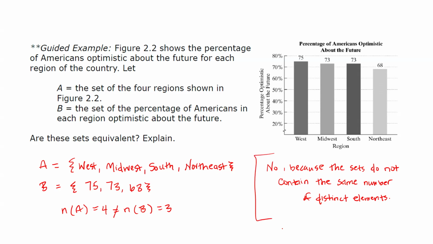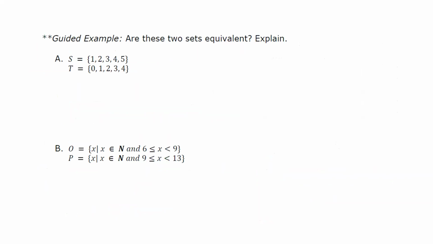All right. Remember, in order to have equivalent sets, the sets have to have the same number of elements, or the same cardinality, meaning their cardinal number must be the same. And the cardinal number is determined by the distinct number of elements in each set. All right, let's do a couple more.